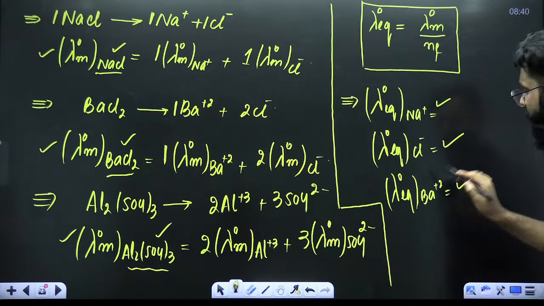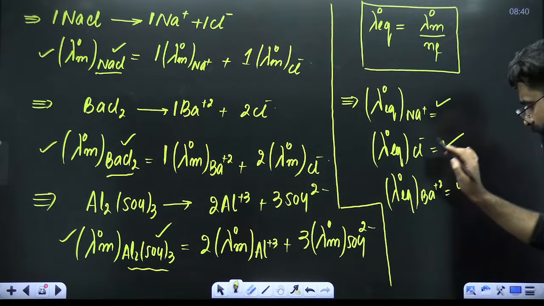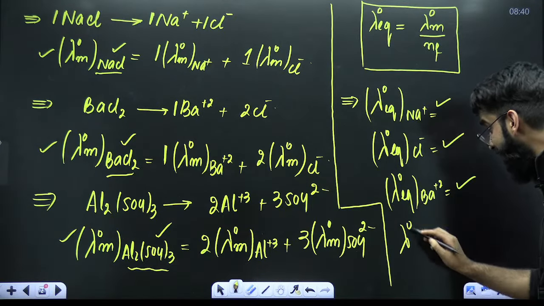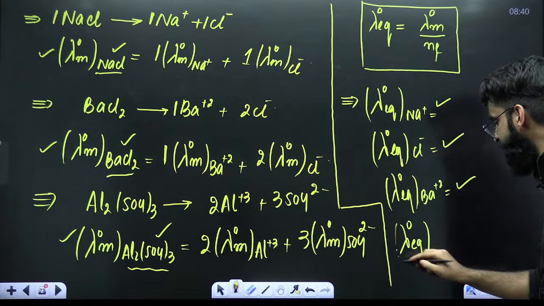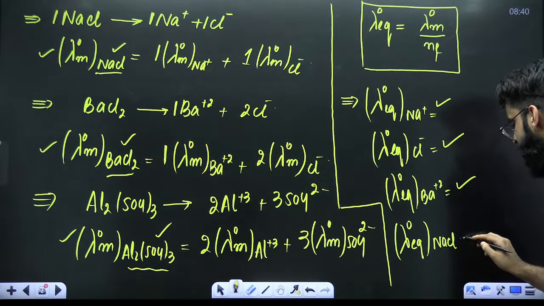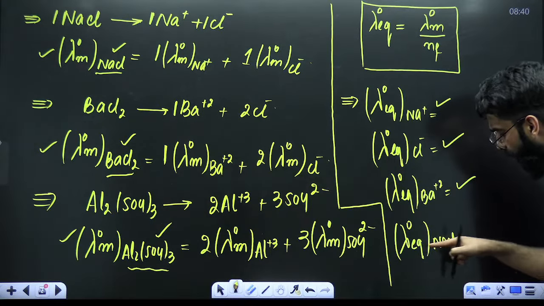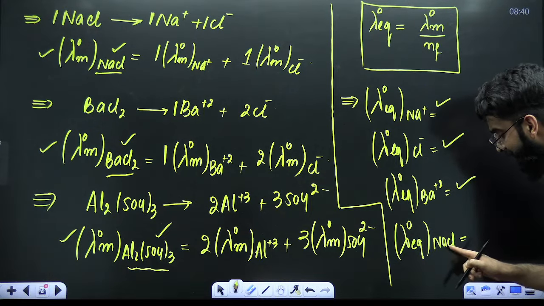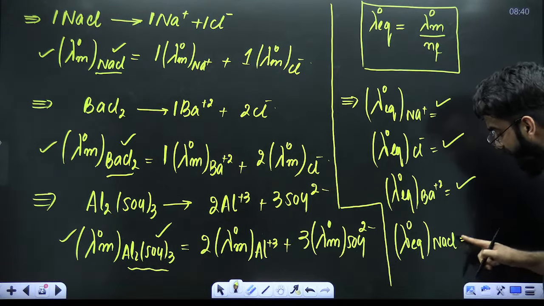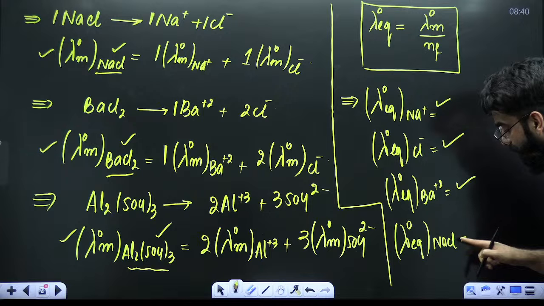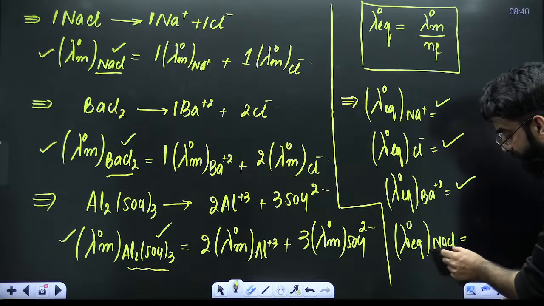These are the terms which I already know, correct? Now, if you want to directly write the equivalent conductivity of NaCl in terms of the equivalent conductivity at infinite dilution of their ions.